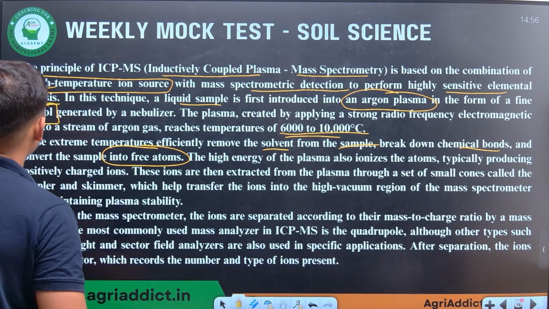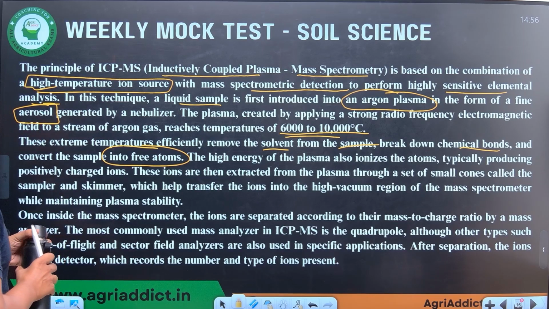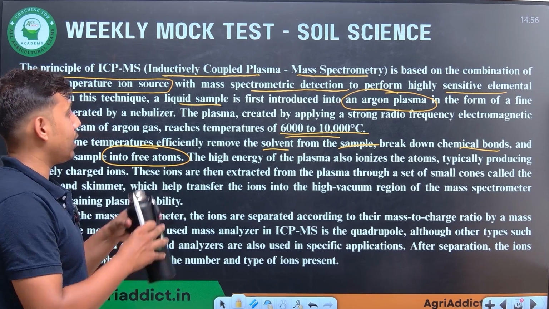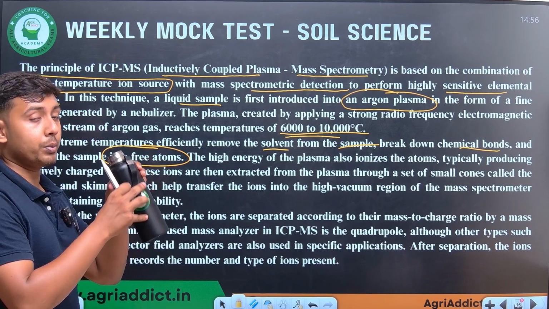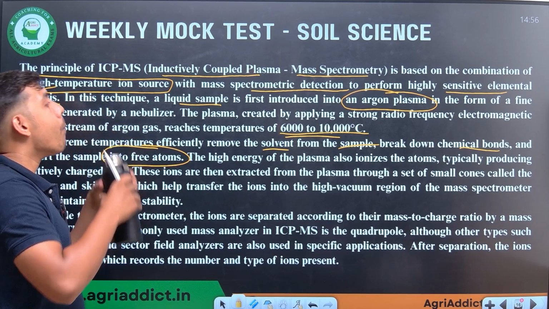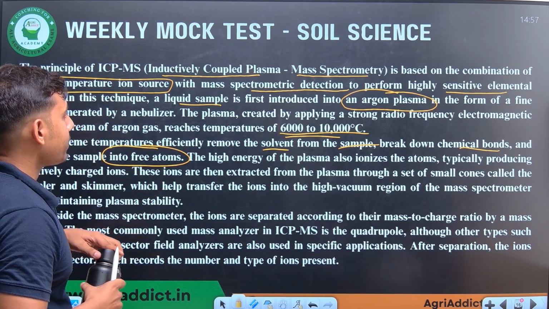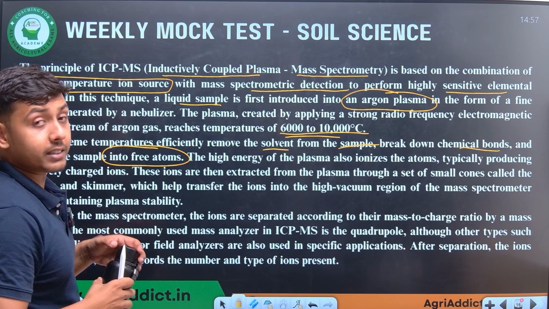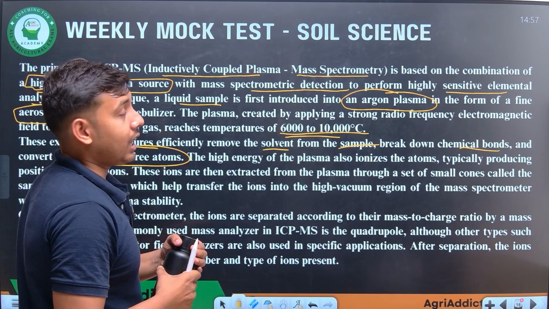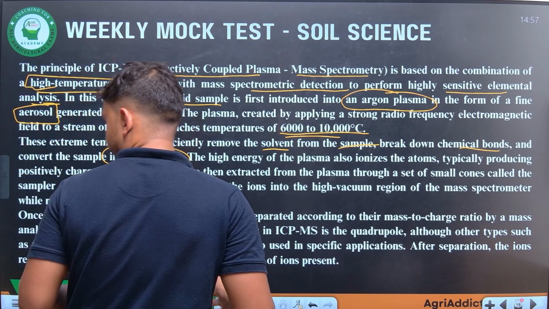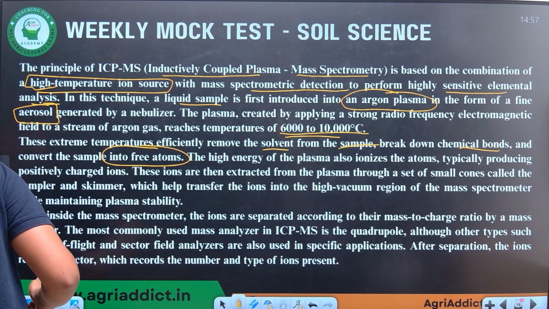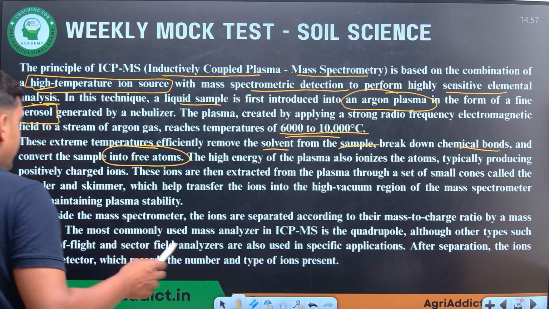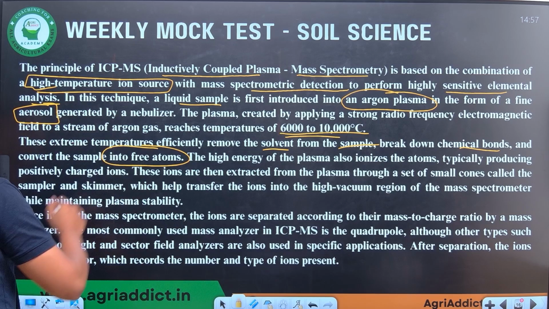So what happened here? Actually, ICP-MS is the combination of high temperature ion source and mass spectrometry. It is done for highly sensitive elements. Here an argon plasma is used, and the high temperature converts the sample into free atoms.